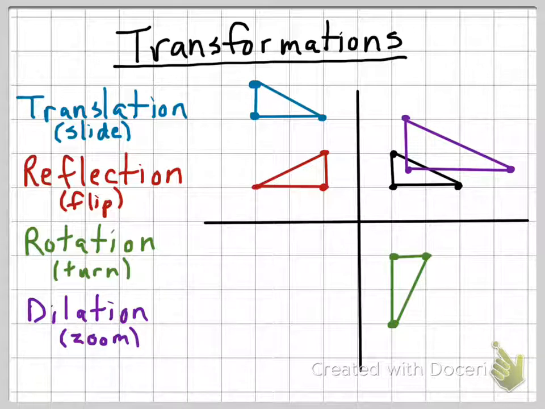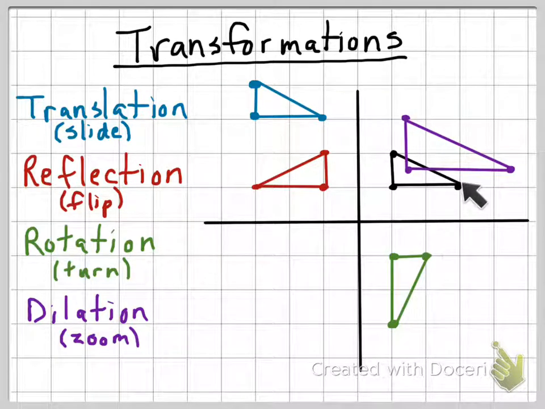Okay, so these are our four transformations. We have a translation, because this one just slid to the left and up and turned into the blue one. We have reflections, because this one just flipped over the other way. It's like it's looking into a mirror. We have a rotation. This one just turned down.